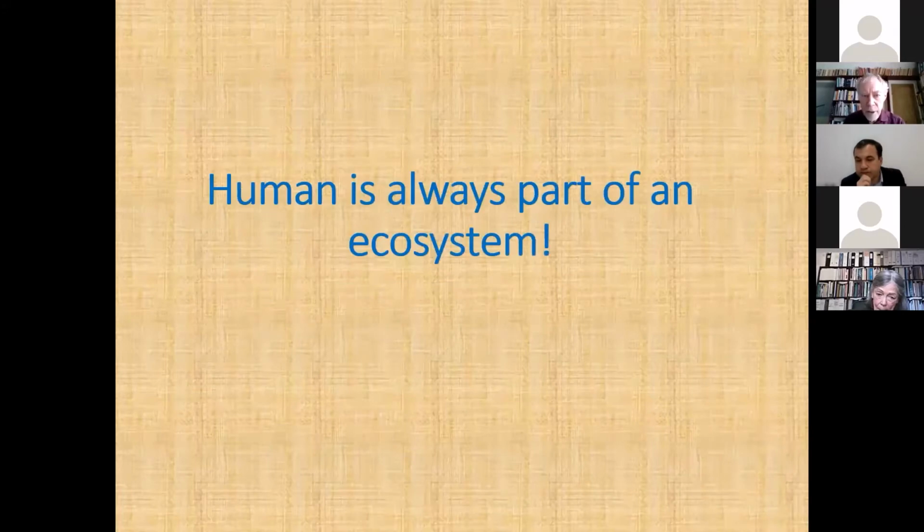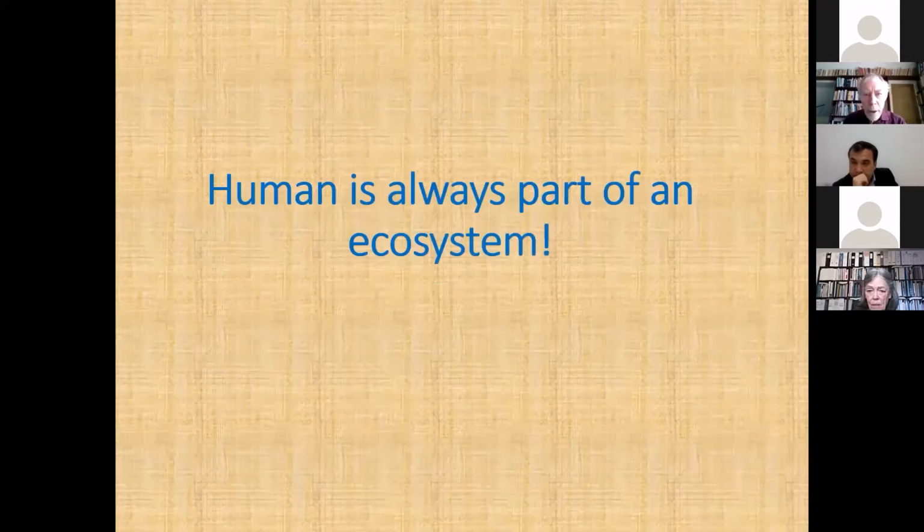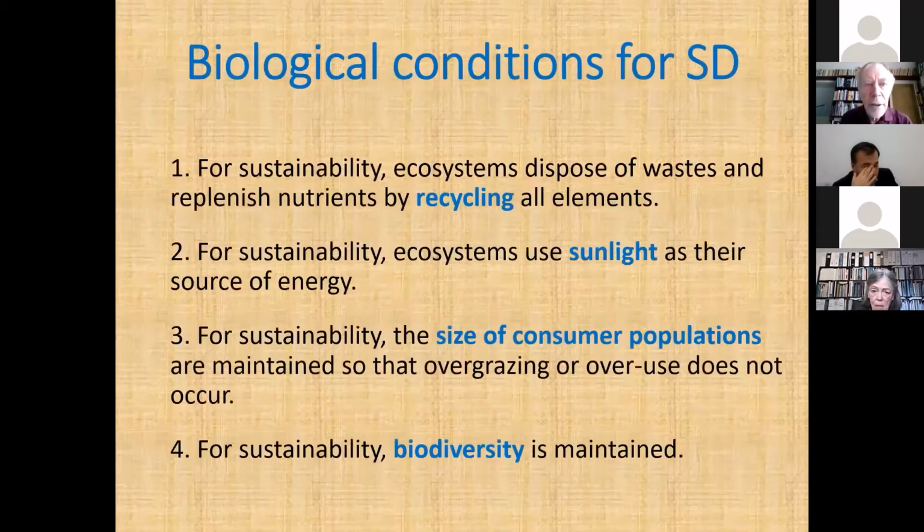Often it's difficult to measure these values, but estimations have been done, and sometimes it's easy to put a value on them. A human is always part of an ecosystem, so we depend on it extremely much. Remember that. I just would like to show this slide again. It's from a previous lecture. Just to remind you what is needed to have a working, sustainable ecosystem.